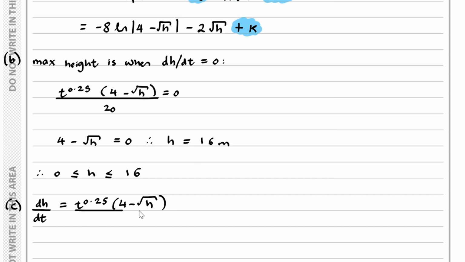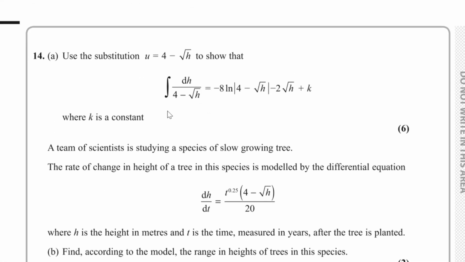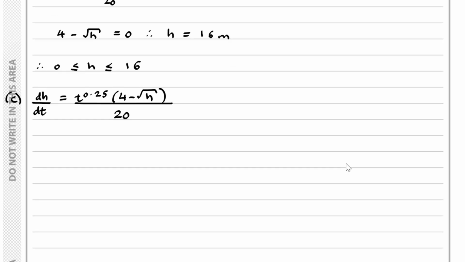And what we want to do over here, when we come to separate the variables, remember, if you look at what we have in part A of the question, we have the integral of dh over 4 minus square root h, and if we somehow separate the variables in terms of t and h, on the h side, if we get this, we can use our answer from part A. So let's do that.